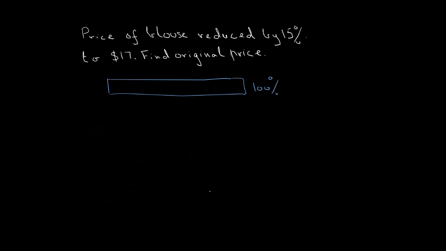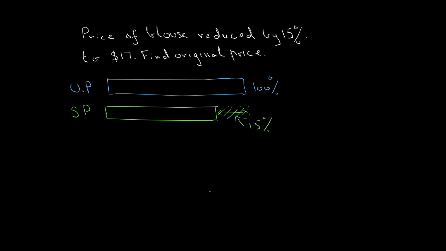So that means there'll be 100 small pieces in here. I'll call it UP, the usual price. But now the price on sale is a bit less. It is 15% less. So this portion is 15%.